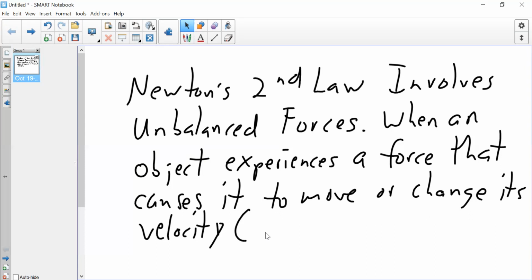For example, 2 newtons in the positive y direction, -2, and -3 in the x direction, and +3 in the positive x direction. So everything adds to 0. But in Newton's second law, one or more forces are unbalanced.